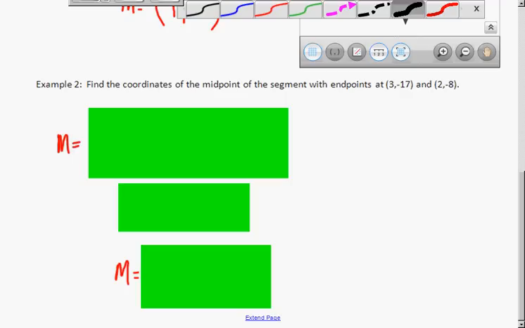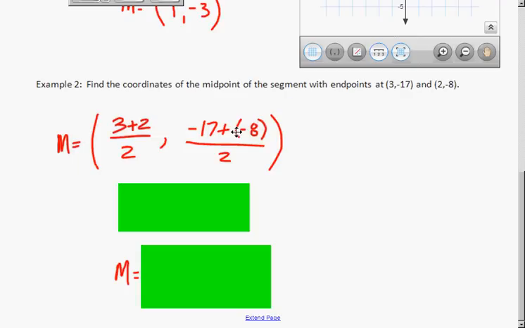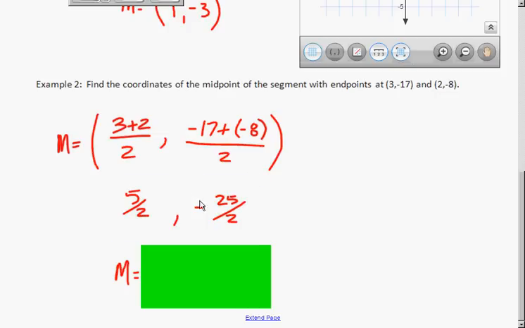All right, now that you're back, we can look at our work here. The x1 value is 3, our x2 value is 2, divided by 2. The y1 value is -17, your y2 value is -8, and that is divided by 2. You have 5 halves, and you have -25 halves.